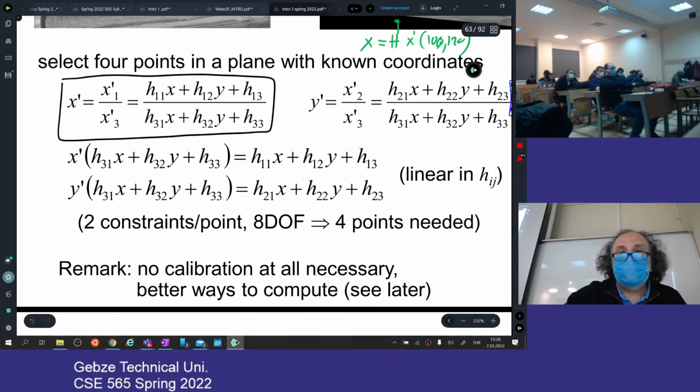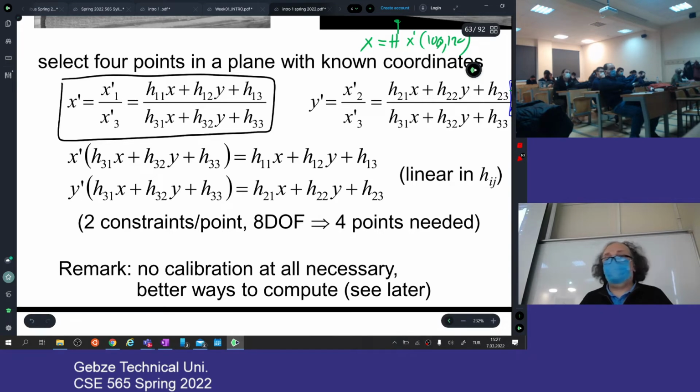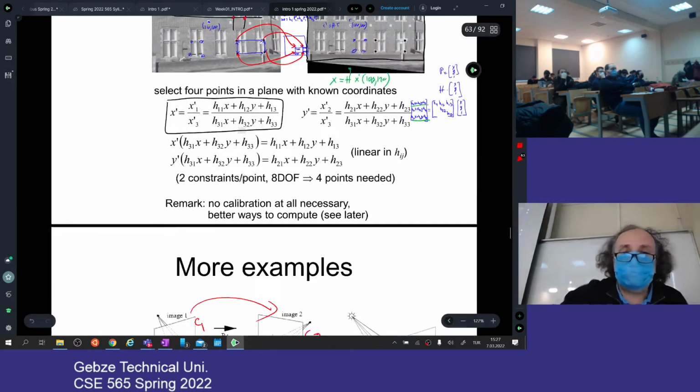I know x's, I know y's, I know x primes, and I can write 4 pairs of them, one after the other. So I have 9 unknowns and I have 9 equations and I can solve it. These are linear equations.